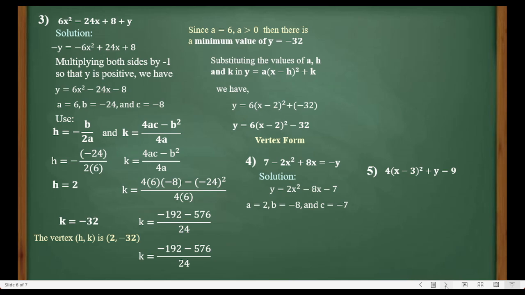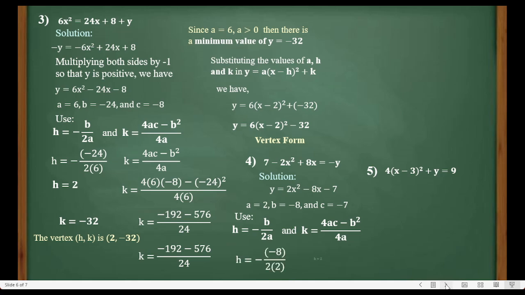We are going to compute for the values of h and k, so we are going to use the formulas of those two, and these are the formulas. Substituting the values of a, b, and c to these two formulas in order to compute for the values of h and k.